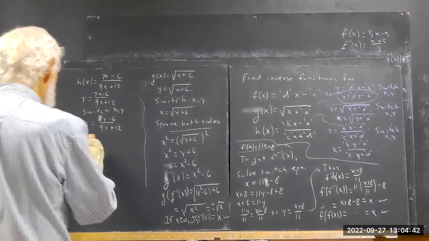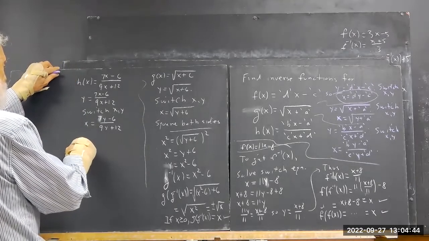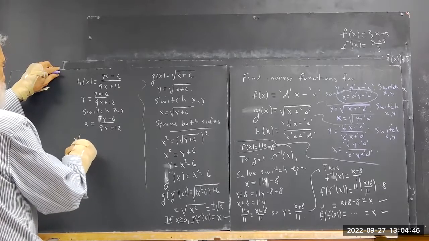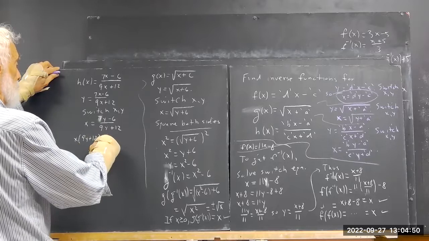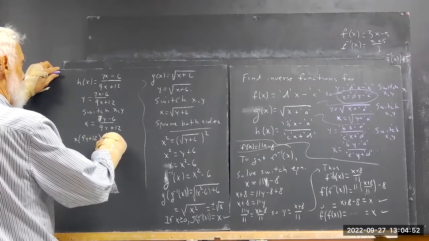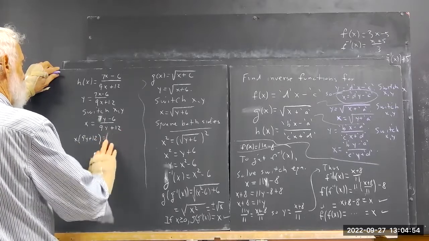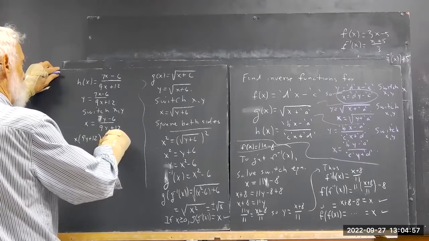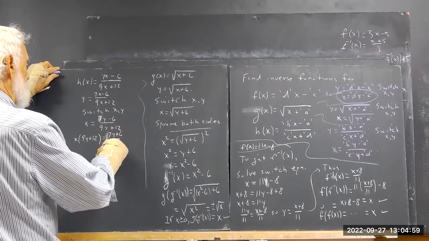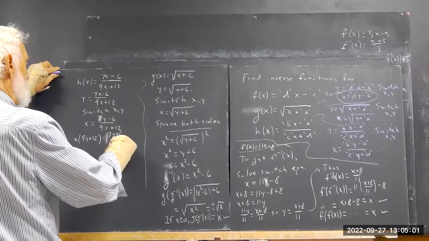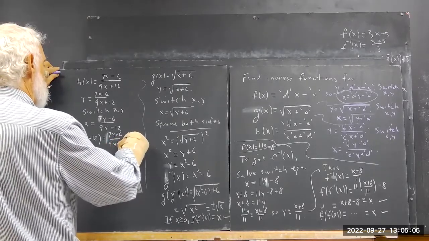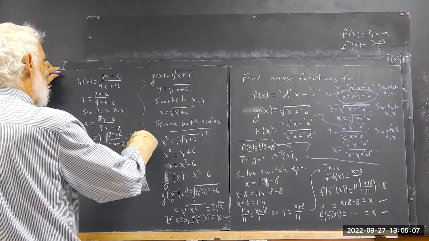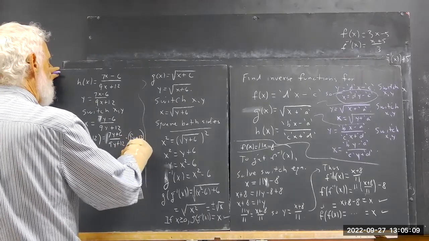So, first of all, you get x times 9y plus 12 equals 7y plus 6 over 9y plus 12 times 9y plus 12 over 1.